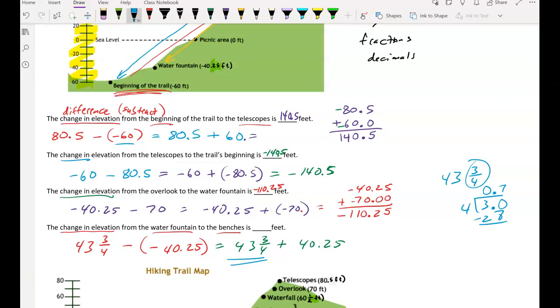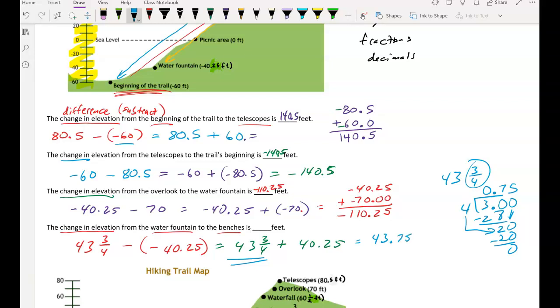And 30 minus 28 is just 2. So I bring another 0 down. And 4 goes into 20 5 times, and that's 20. 20 minus 20 is 0. So 3/4 is 0.75.